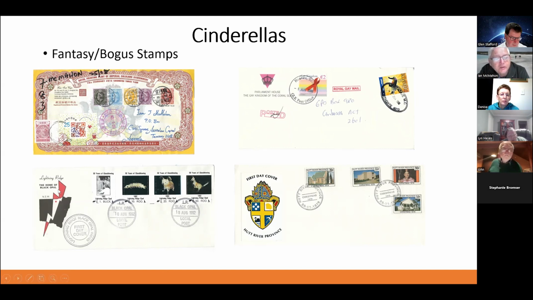The other stamps are purely fantasy stamps created by this person in Taiwan, who prints quite a lot of fantasy stamps, including reprints of Australian revenues. The Gay Kingdom, the home of the Black Opal Lightning Ridge stamps in inverted commas, and the Hutt River province. So they're all bogus and fantasy stamps, and they could make very good Cinderella exhibits.